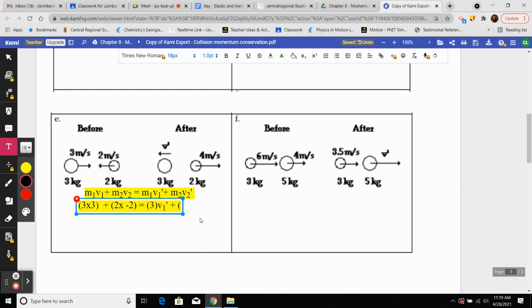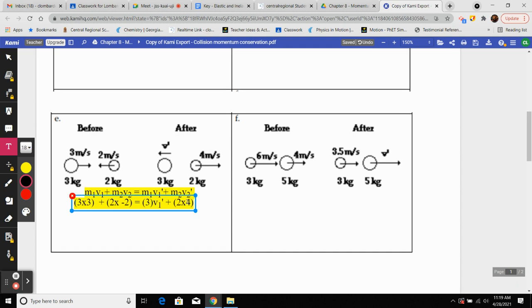Okay, the after part of this. The mass of the second one is still 2, and the new velocity that it's moving at is a positive 4. Start to simplify.